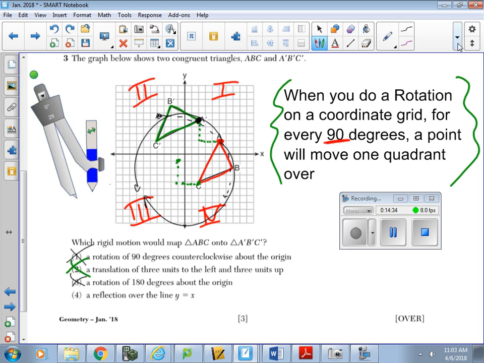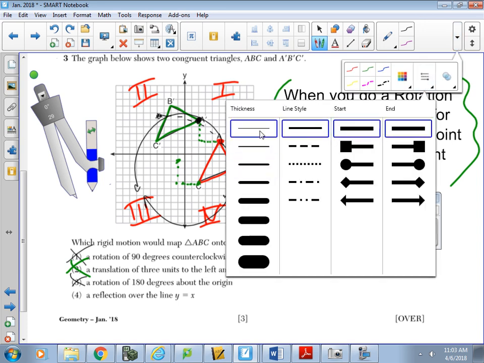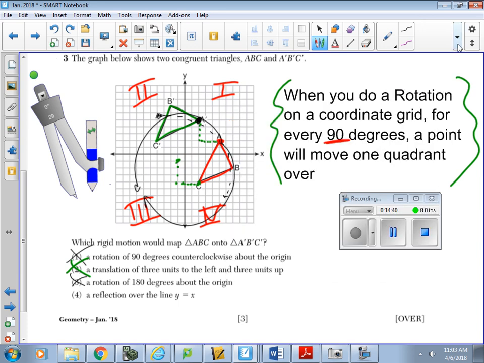Now remember, we know our answer is 4, but let's just recall what the line y equals x looks like. Y equals x is the diagonal line that goes up 1 over 1, up 1 over 1, up 1 over 1. That's the line y equals x, right there.